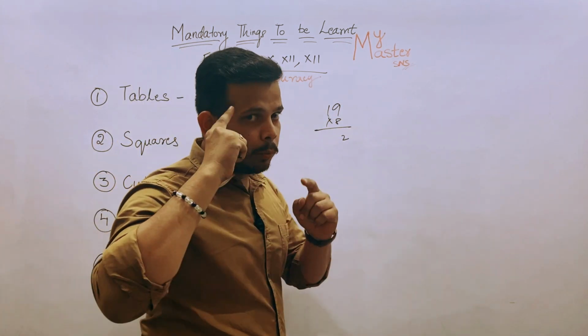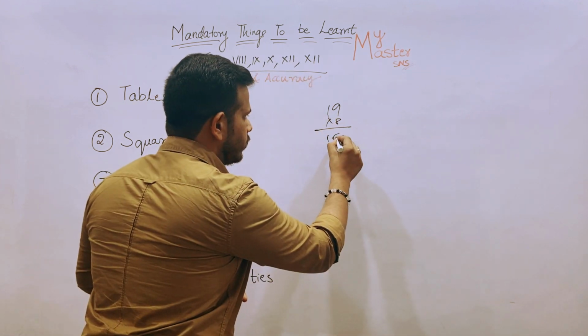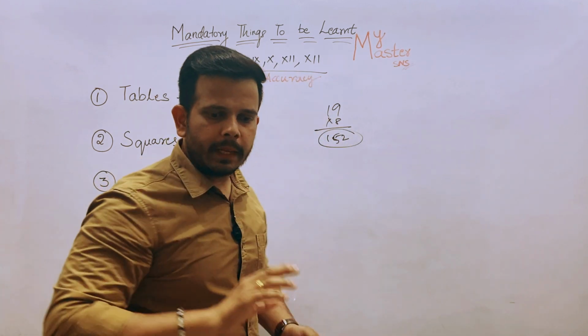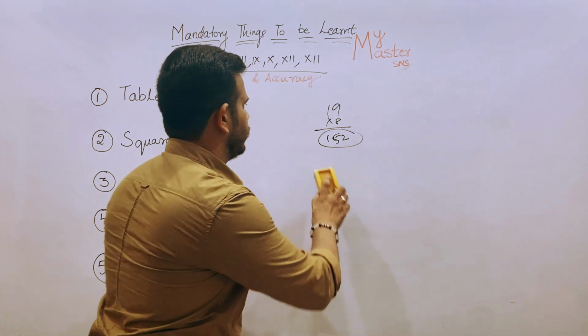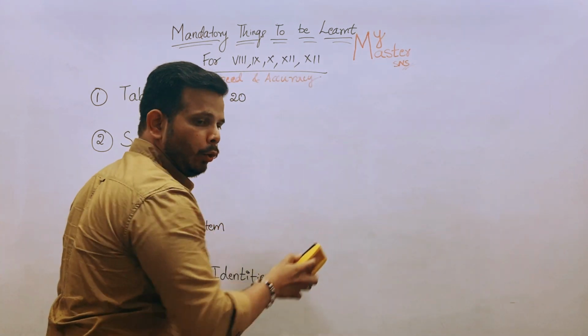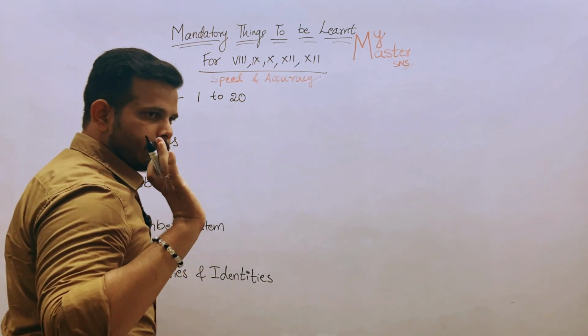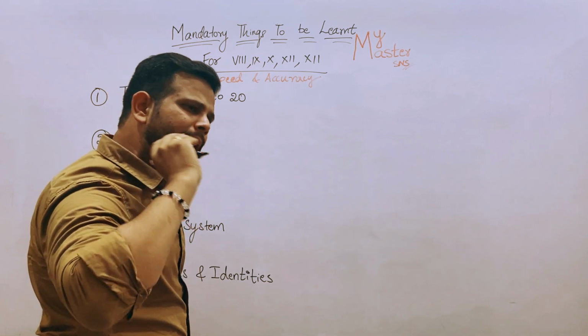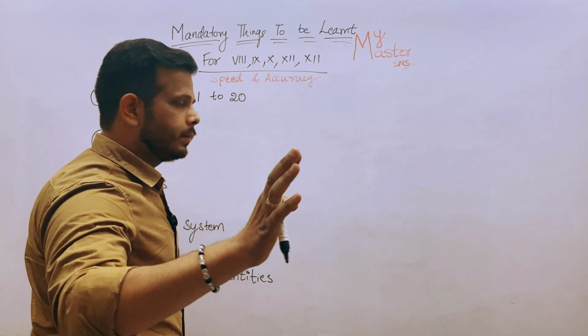Okay, 7 in your mind. Add 7 to this, 8, 50, 152. Simple. Done. So you have to remember the tables till 20. Remember this and just practice them with your mind.